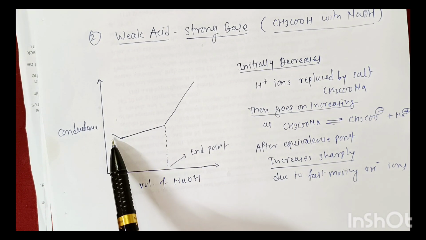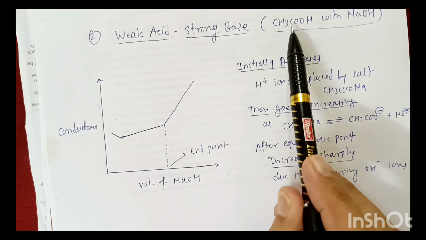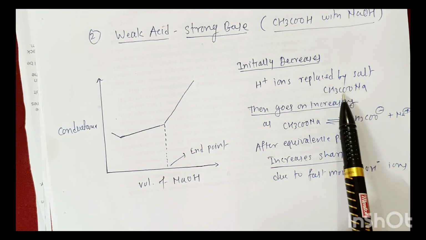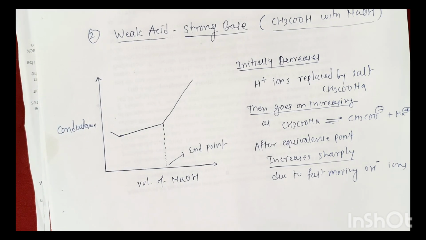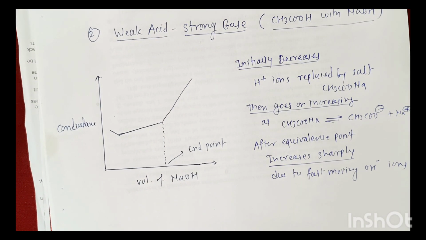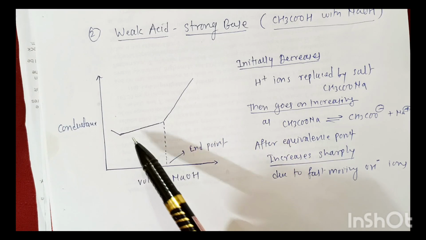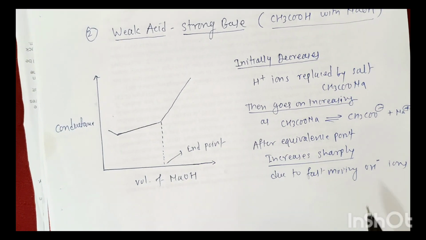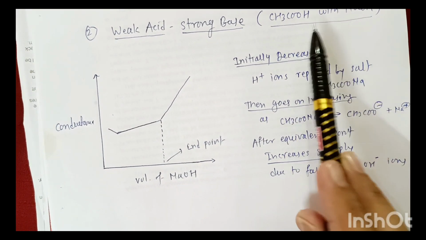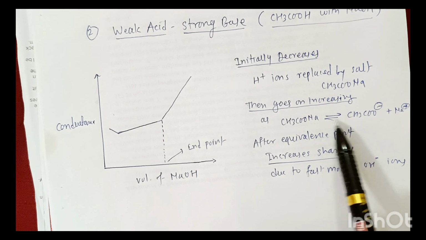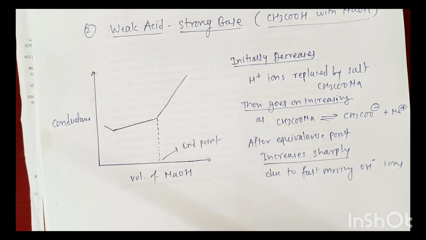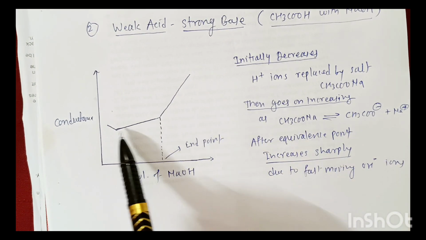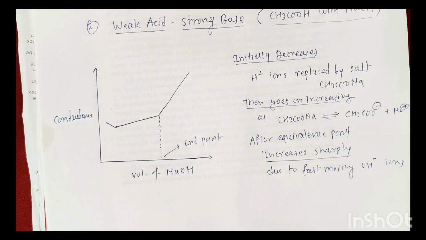Now, initially H+ ions from acetic acid are replaced by a salt, CH3COONa, and therefore an initial decrease in conductance is observed. Then slowly conductance goes on increasing because the sodium acetate which is formed is a salt which ionizes, giving acetate ions, and therefore you get an increase in conductance.